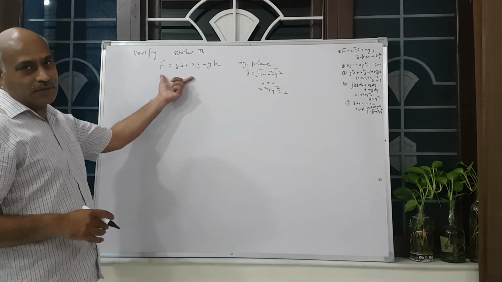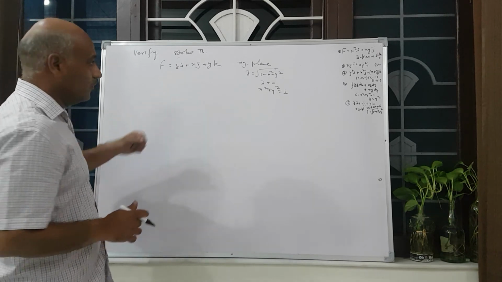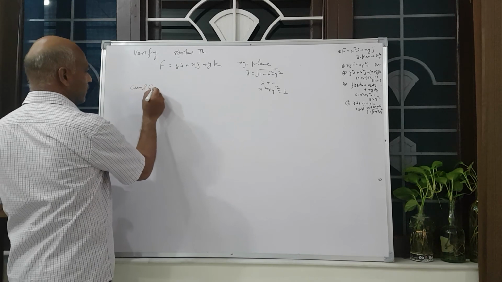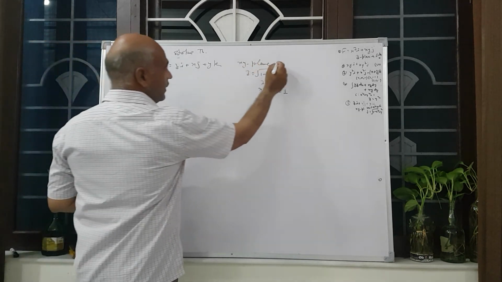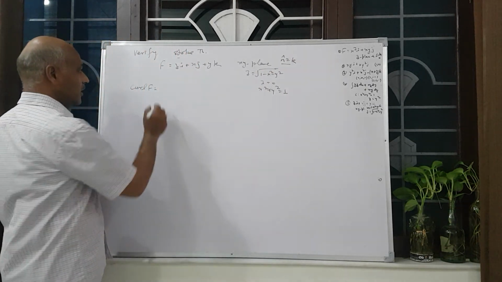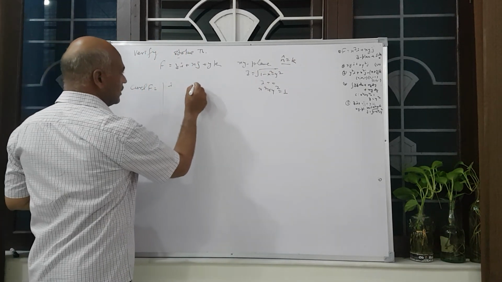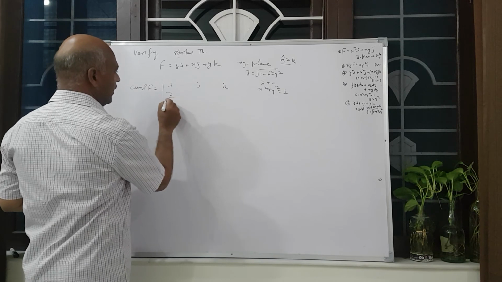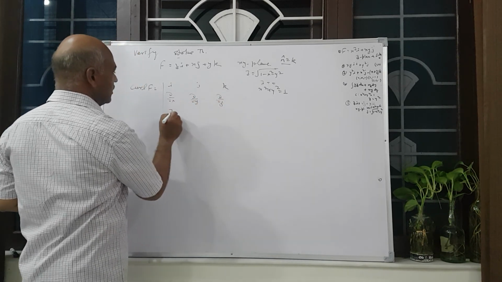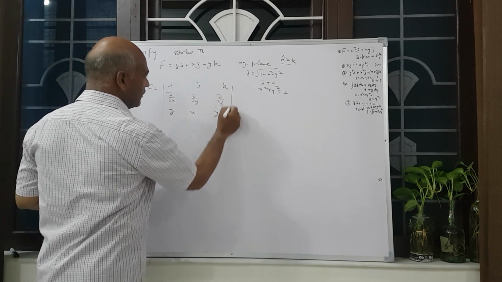So now we have to first verify. So first we find curl f. In the xy plane, n cap is equal to k. Curl f is i j k, del by del x, del by del y, del by del z, z x y.